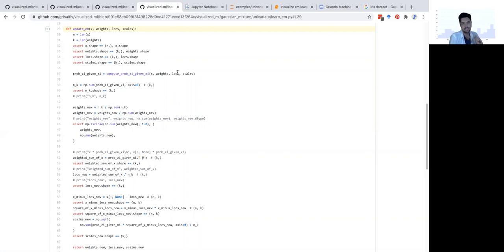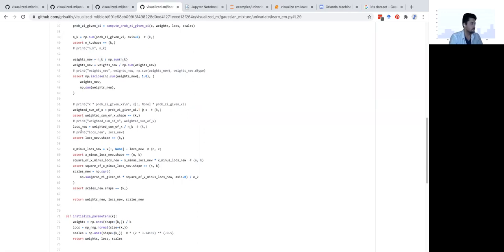So what this is doing in a single update step, we compute probabilities for each individual observation of it coming from each of the mixture components. That's the probability of Zi given Xi, where Xi is the individual observation, and Zi is a latent variable that is the probability of coming from each of the components.